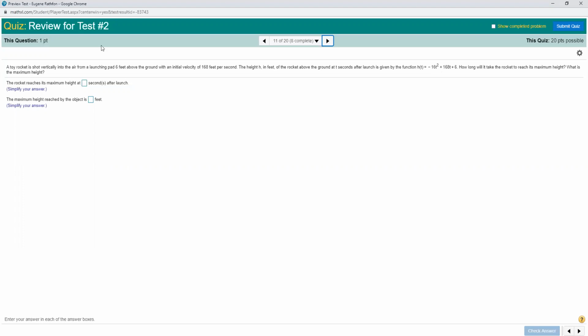All this stuff over here, the 6 feet above the ground and the velocity of 168, that's how they're getting this over here, okay? So only worry about the equation on this problem. And it says, how long will it take the rocket to reach its maximum height? So how long? And then, what is the maximum height? So I'll show you what I would do to solve that.